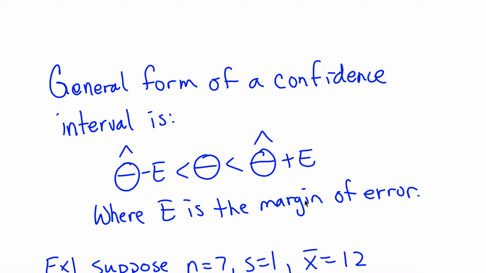E is known as the margin of error, and it involves not just your sample standard deviation, but also your sample size and what we call an error term, a value that relates probabilities to it. And we get those values from finding probabilities with either a z-curve or a t-curve.